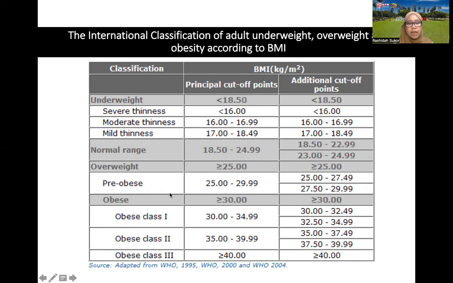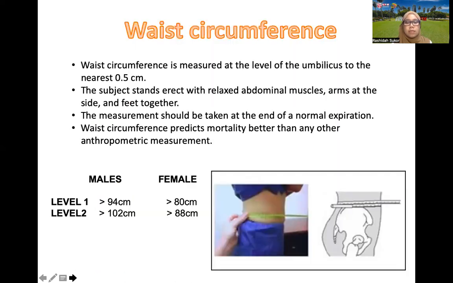For obese, there are 3 classes. At 30 to 34.99, it is obese class 1. For 35 to 39.99, it is obese class 2. Anything above 40 is obese class 3, and that has the highest risk of disease.